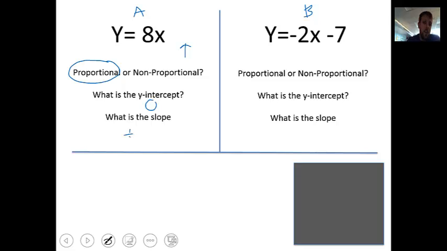Well, the slope is a positive 8. All right? Over here, it says if it's proportional or non-proportional. Well, because it has something subtracted or added to it, this becomes non-proportional. What is the y-intercept? It's negative 7. What is the slope? It's a negative 2.